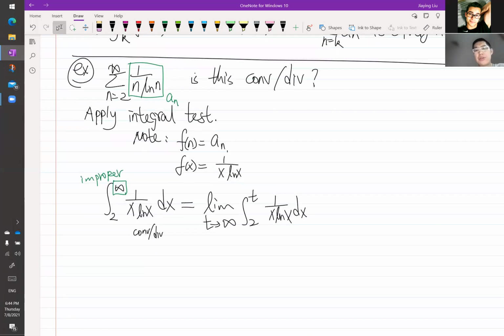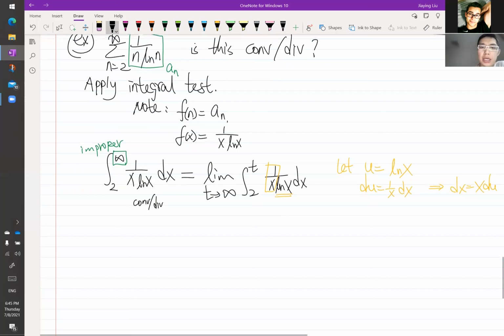From here, I'm going to try a u substitution because I noticed that I have a 1 over x there, which is the derivative of natural log of x. So I'm going to let u equal natural log of x. So du equals 1 over x dx, or you can write dx equals x du. Now let's put it in there.